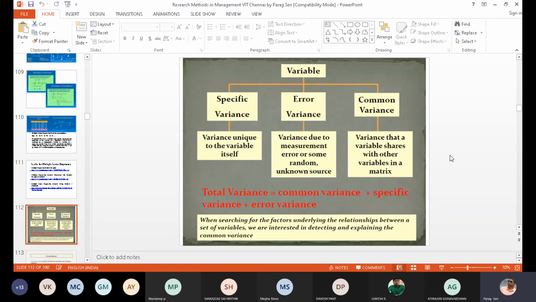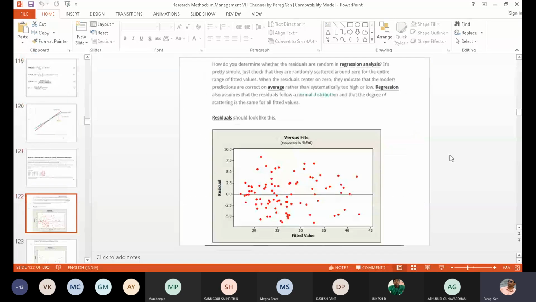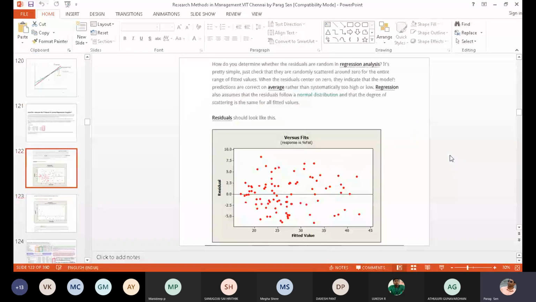Now we have also seen how to check whether your assumption of linearity is correct. After conducting the analysis, you will get the values of the coefficients or the intercept, or the constant values.